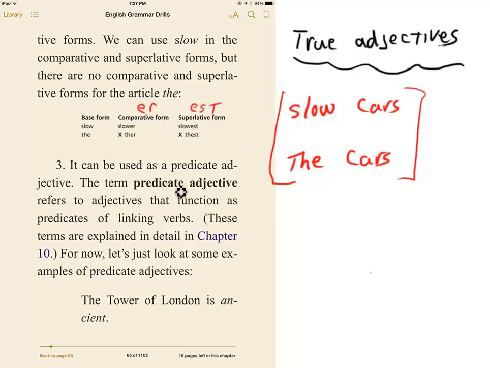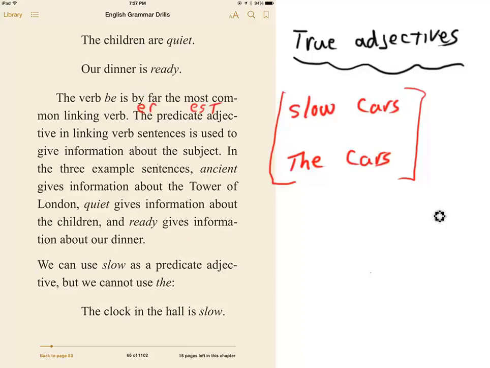Okay, and then of course a true adjective can be used as a predicate adjective, and down here they show you the Tower of London is ancient. So ancient, they're saying, is a true adjective because it can be used to describe the tower after the verb. So that's a predicate adjective. And of course, they're going to show you that you cannot use the word the as a predicate adjective. Up here it says, the children are quiet, our dinner is ready.